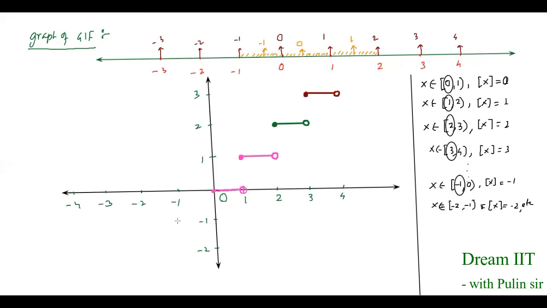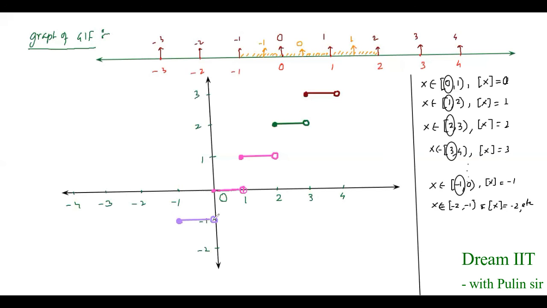So then I can get another line here, but I cannot reach -1. That must be remembered. I should not forget this. But -1 at x-axis I can reach, but not y-axis, right? Because the moment I consider -1 as x, I'll fall here.